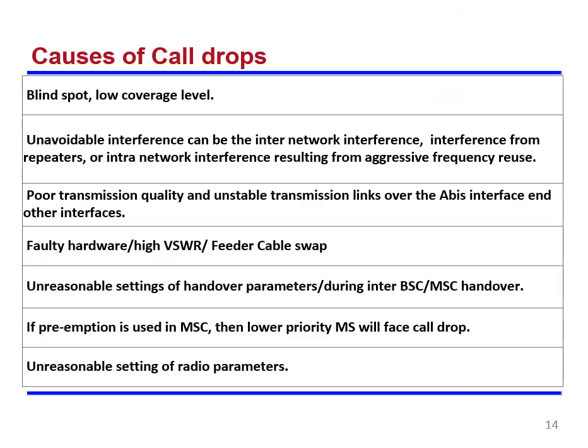And these are the various causes of call drop. One of the reasons we have not discussed is that when the transmission quality is poor, the call can drop. If everything is fine in the RF, we also have to see the Abis interface, which is between the BTS and BSC.